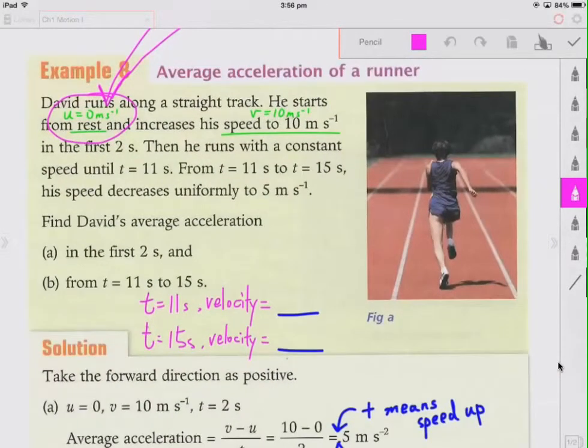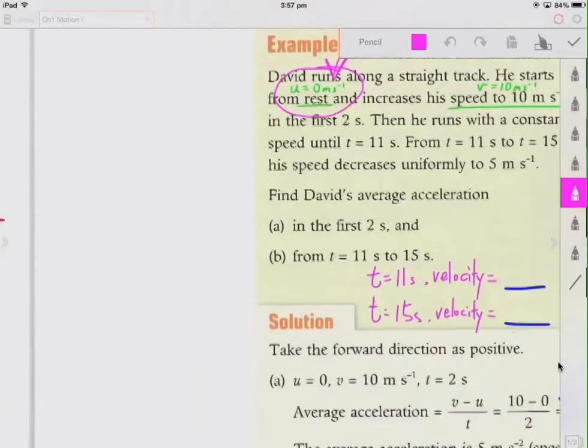And then he increased his speed to 10 meter per second in the first 2 seconds. And then he runs with a constant speed until 11 seconds. After that, from 11 seconds to 15 seconds, he starts to decrease his speed uniformly to 5 meter per second.